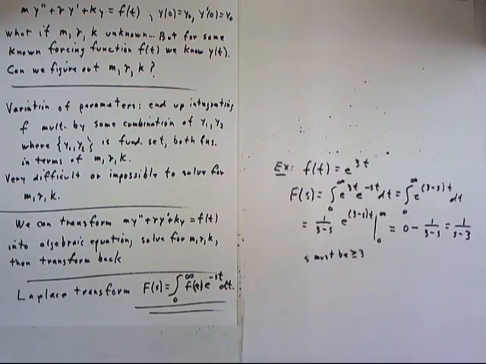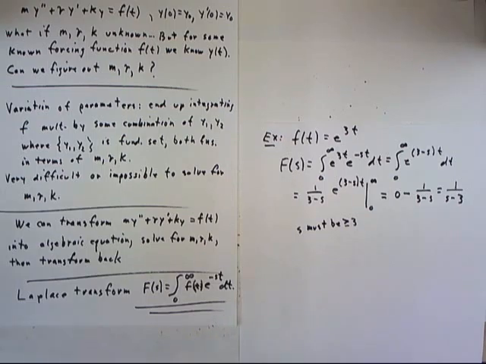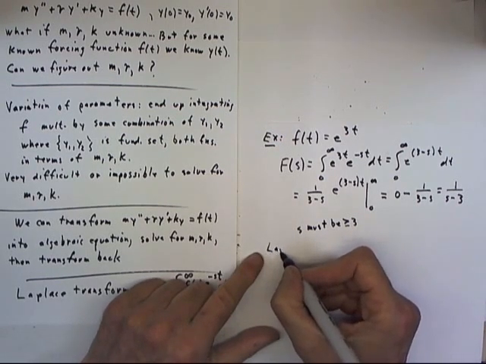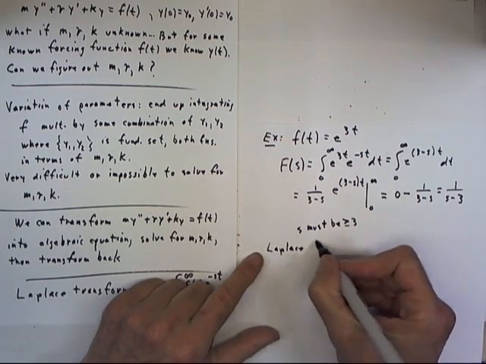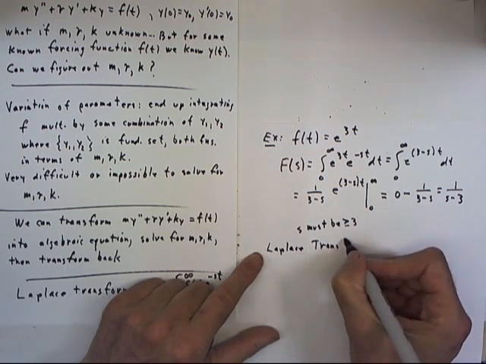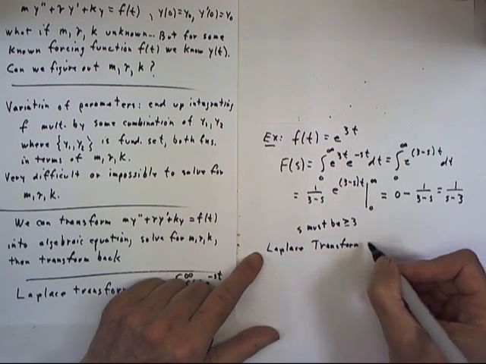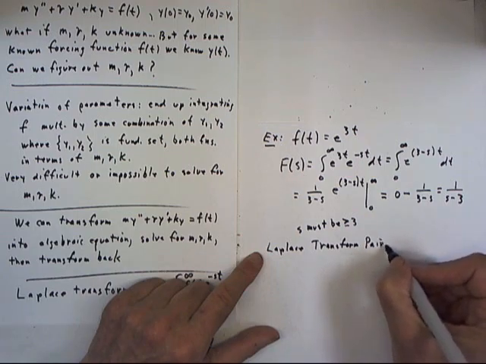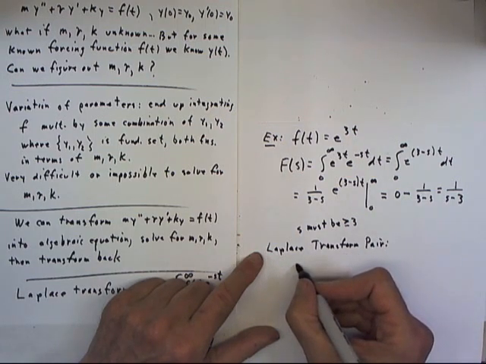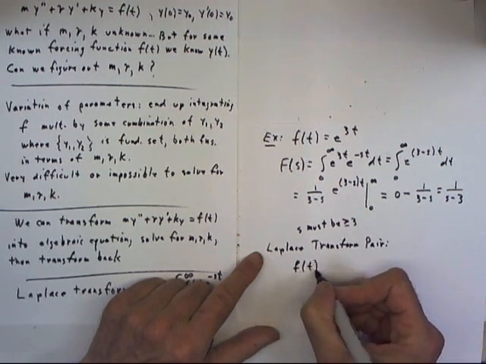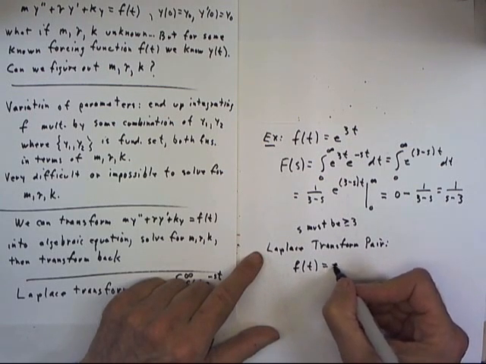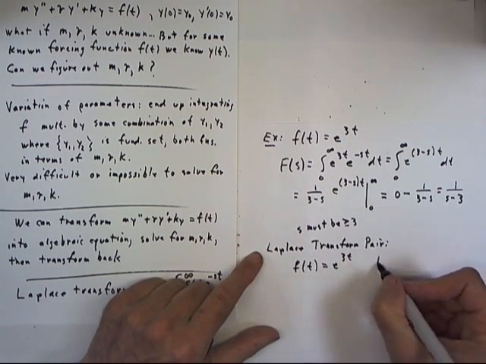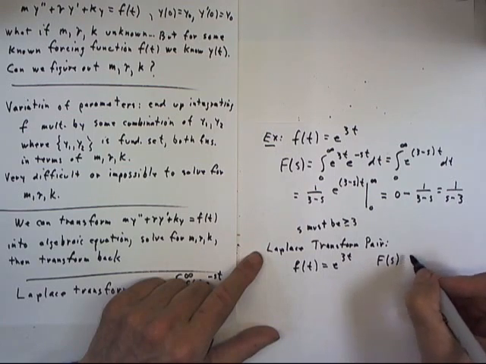This gives us what we call a Laplace transform pair. f of t is e to the 3t, and F of s equals 1 over s minus 3.